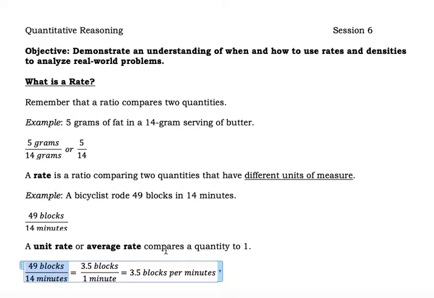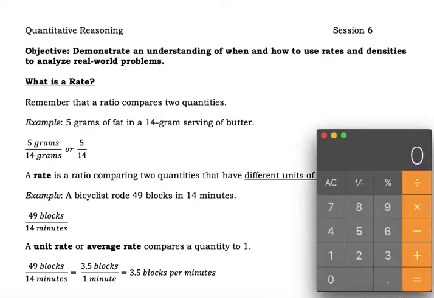If I want to compare it to 1, I'm going to change the denominator so that it's now a 1. And I can do that just by dividing the two numbers. I can divide 49 by 14. If you use your calculator to divide 49 by 14, that's 3.5. 3.5 is the same as 3.5 over 1.